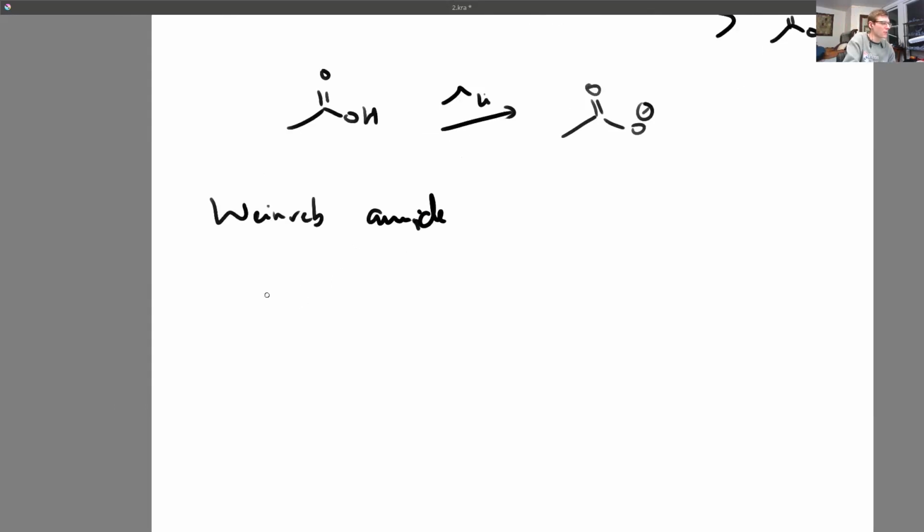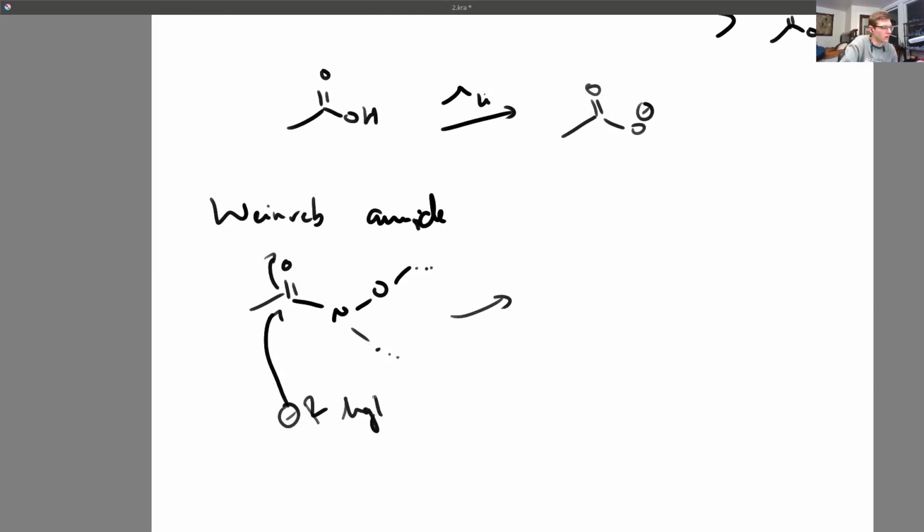Anyway, the point is that the Weinreb amide has a structure that looks like this. It has this oxygen on the amide. And the idea is that when you add, I'm just going to call it R minus, because that's good enough, in the lecture it was a Grignard, right?